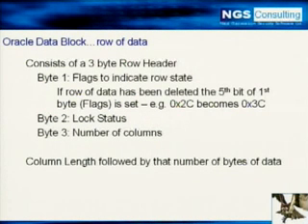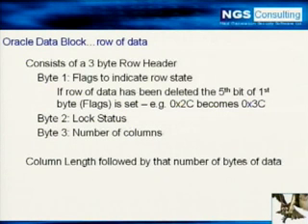Each row of data in the row data block has a 3-byte header. The first byte indicates the row state. So, for example, if the row has been deleted, the 5th bit of the first byte of the flags is set. So 0x2c will become 0x3c.